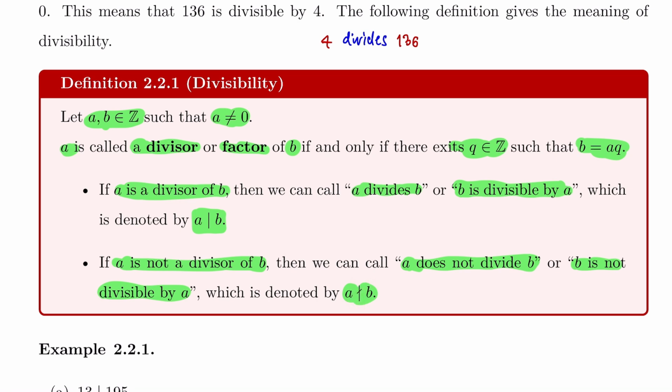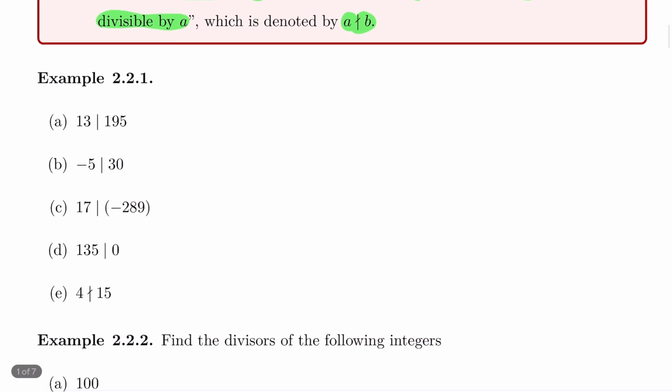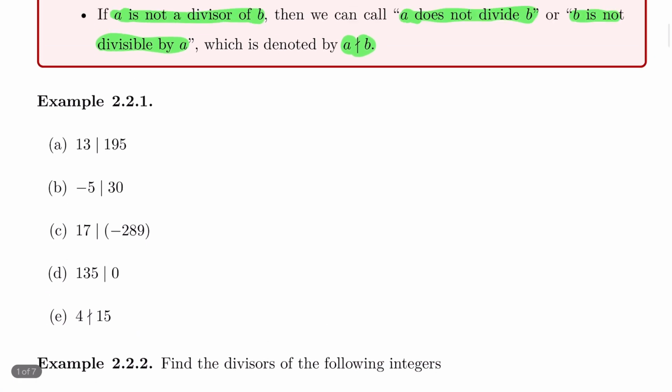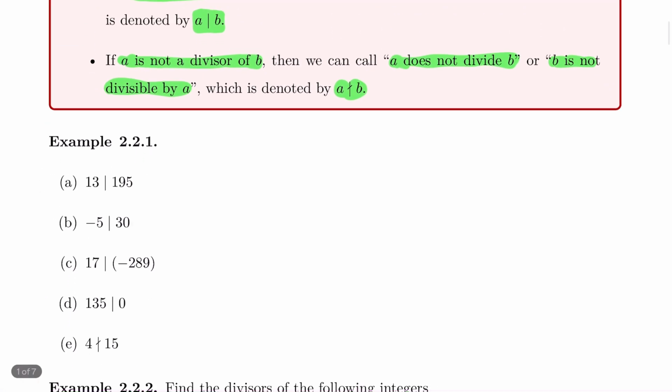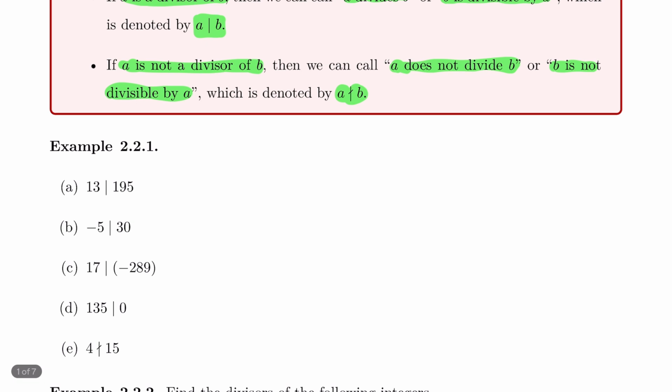Now let's go to this example here. We have 13 divides 195. Why? We have to try to find a number that multiplies by 13 and turns out to be 195.